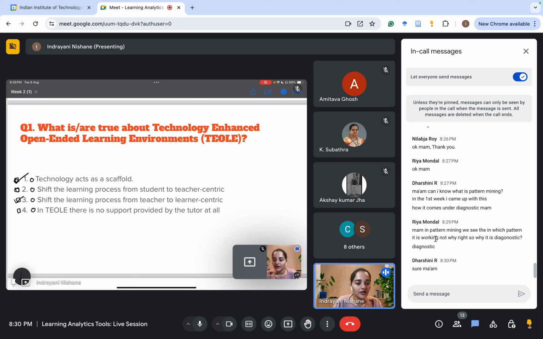Another question by Ria is about pattern mining: what we see, in which pattern it is working, and why it is diagnostic. Because Ria, there are some WH questions like what, why, and how, which we need to find answers to before we try to come up with any hypothesis or any predictive models.